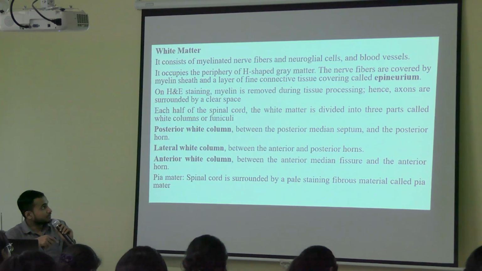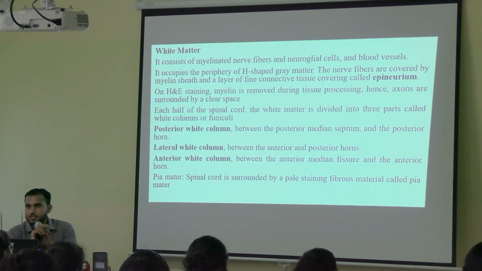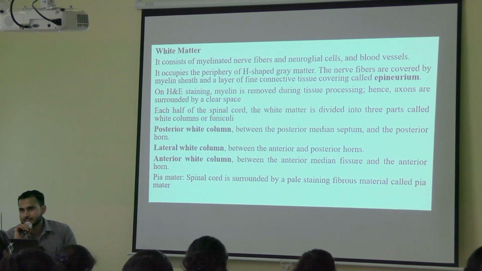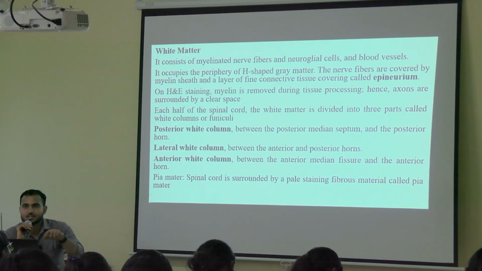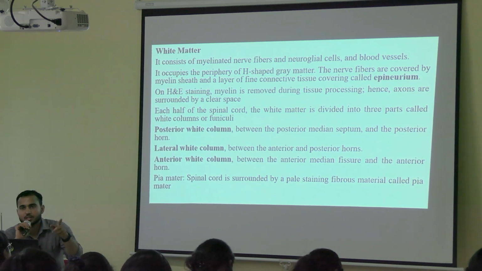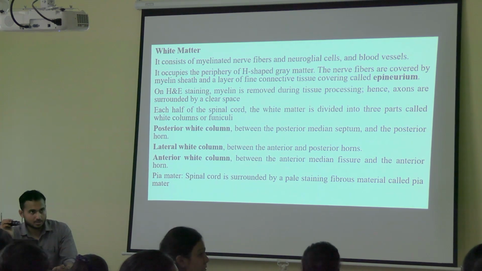Now in white matter, what is present? Myelinated nerve fibers, along with blood vessels and neuroglial cells, are present in the white matter.